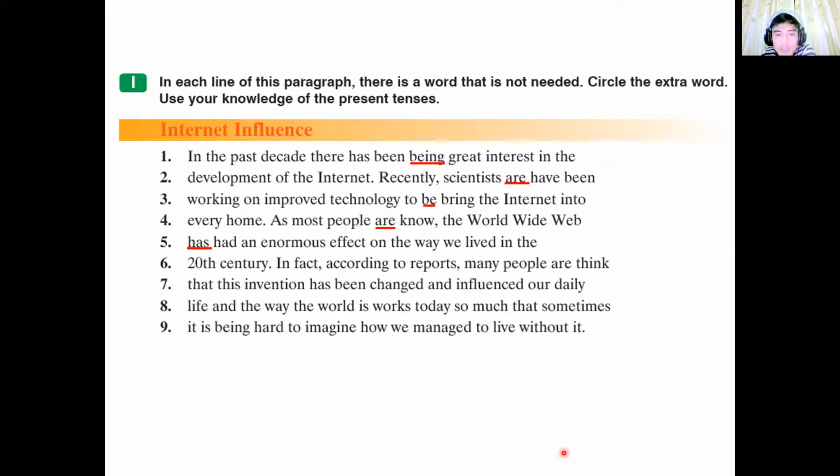In fact, according to reports, many people think that this invention has changed and influenced our daily life and the way the world works today so much that sometimes it is hard to imagine how we manage to live without it.